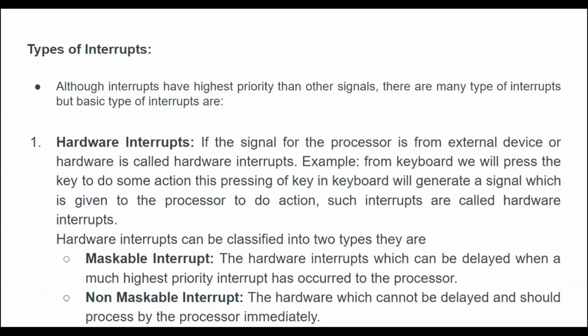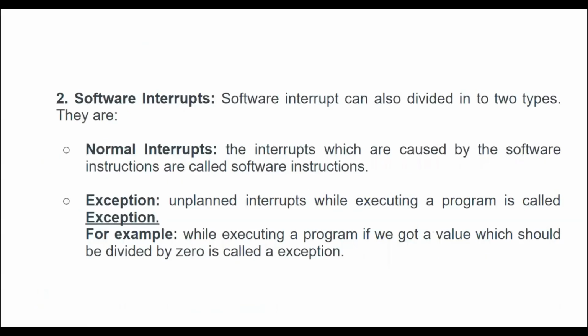We have two types of interrupts. Although interrupts have higher priority than other signals, and there are many types of interrupts, the basic types are the hardware interrupts and the software interrupts.